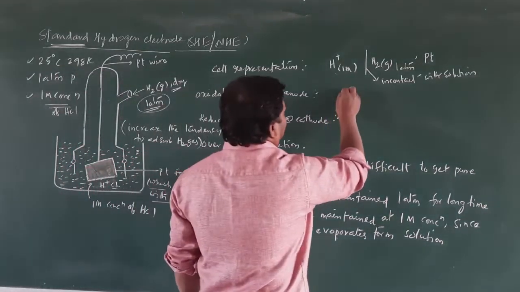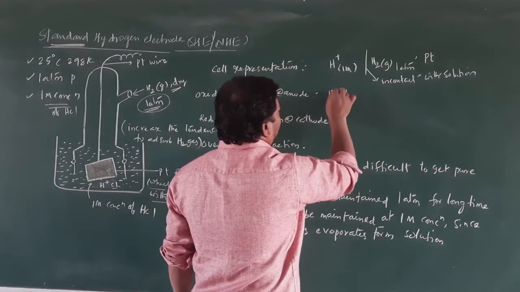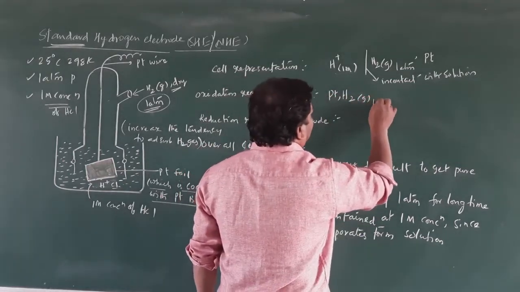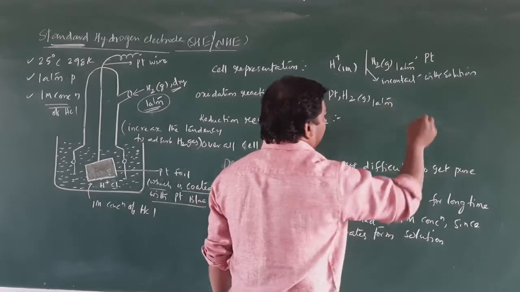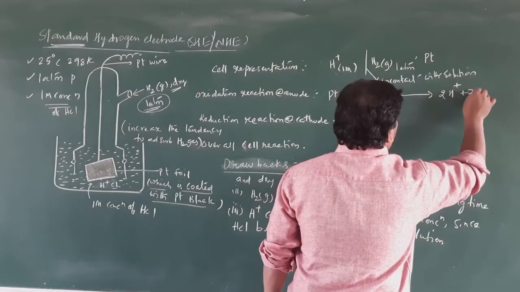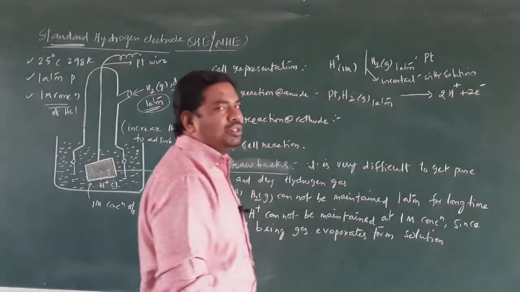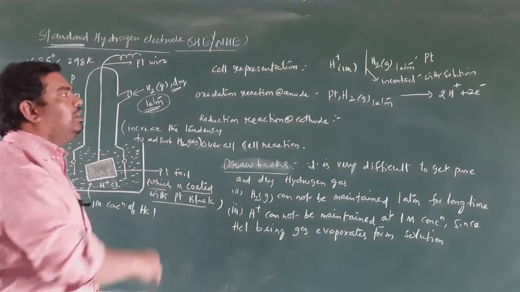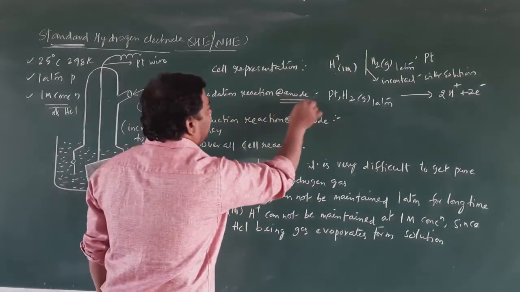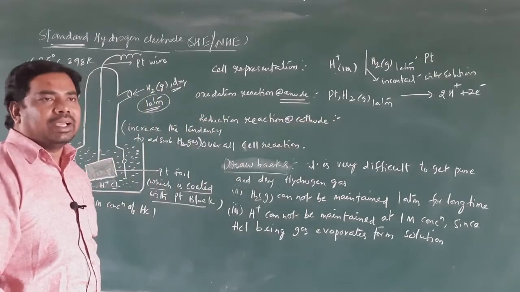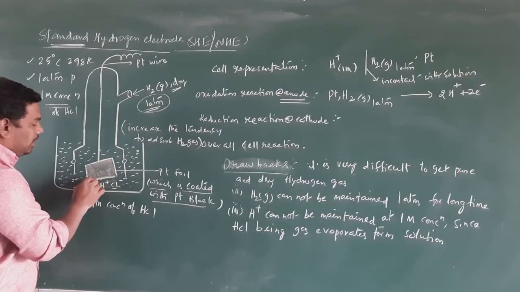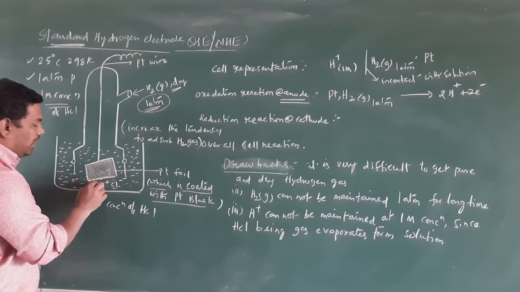The hydrogen gas at 1 atmosphere pressure is bubbled over the platinum wire and dissociates into H plus, releasing 2 electrons. Therefore an oxidation reaction takes place, and it acts as an anode.